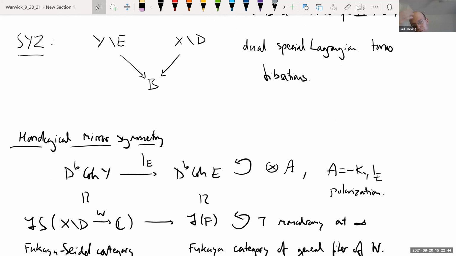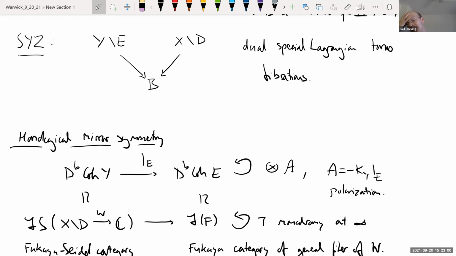Okay, so one way to make mirror symmetry a precise mathematical statement is the homological mirror symmetry conjecture of Kontsevich. And so in this context, we have the following assertion.